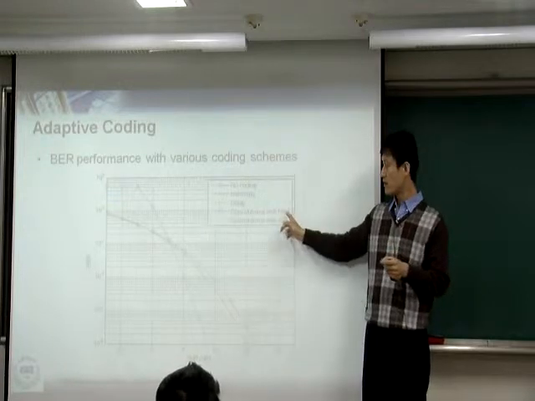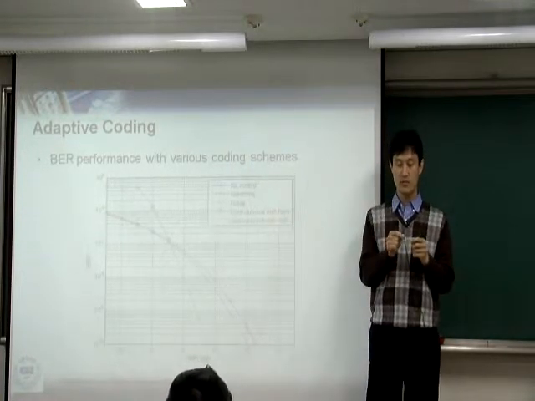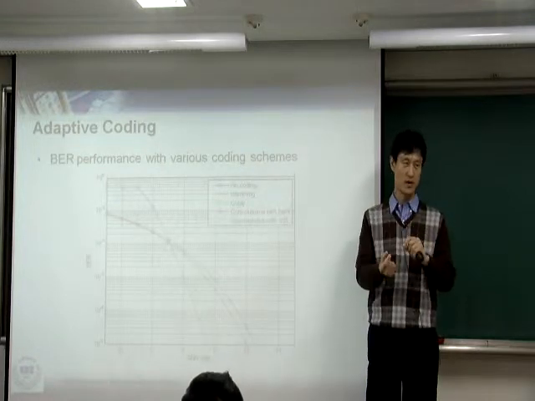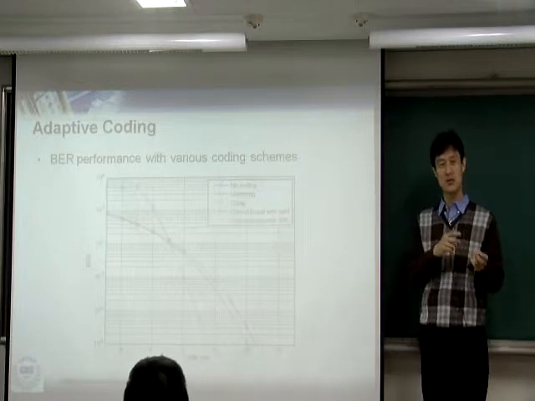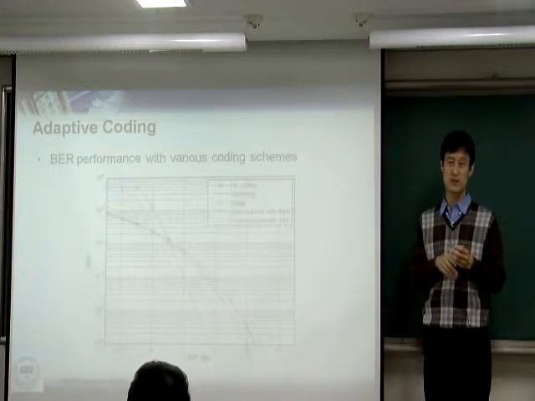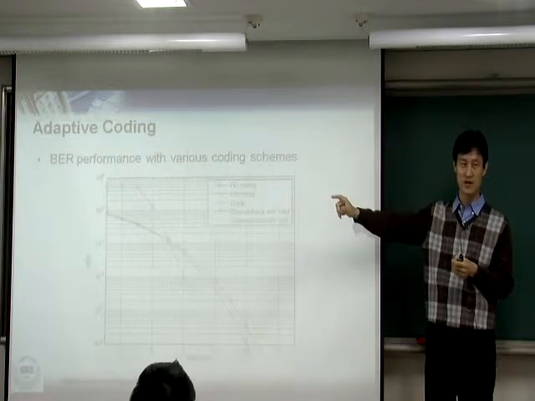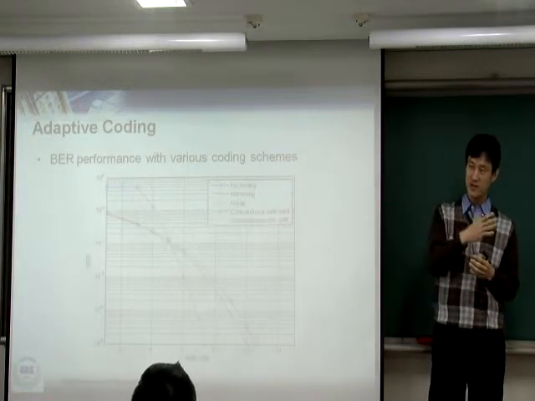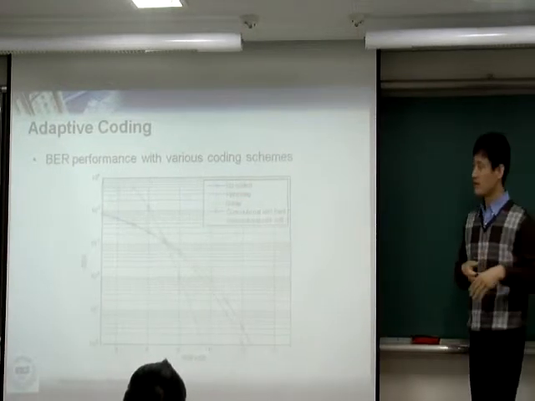So when you make a hard decision, you make a decision of either 0 or 1. Because eventually, what we want to decide is the bits, 0 or 1. That's what we have to decide for each of these bits, because originally it was bit 0 or 1. After all this processing, eventually you have to decide either 0 or 1.